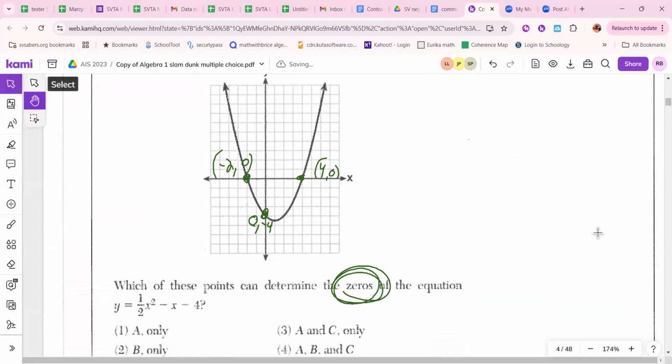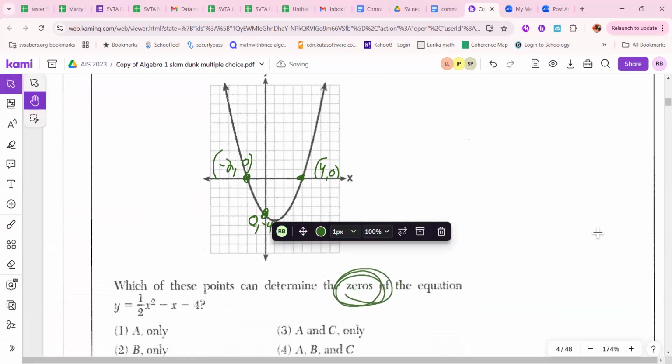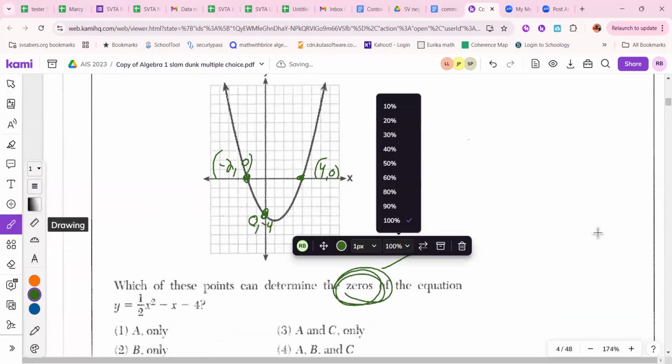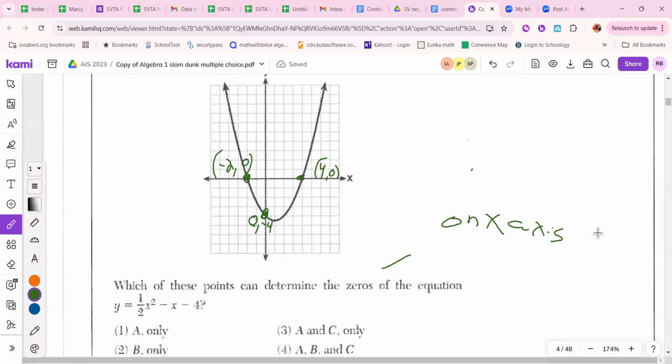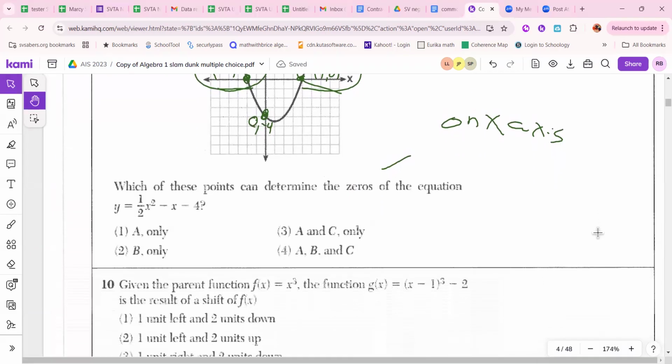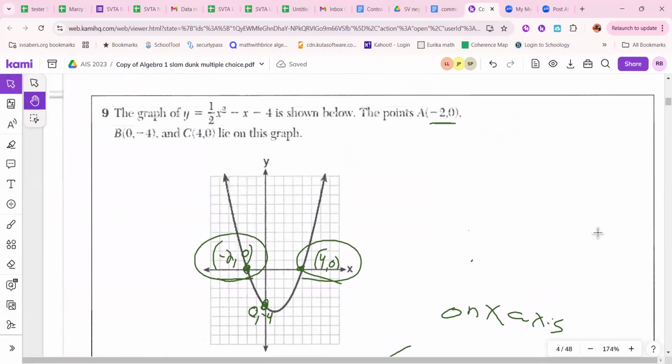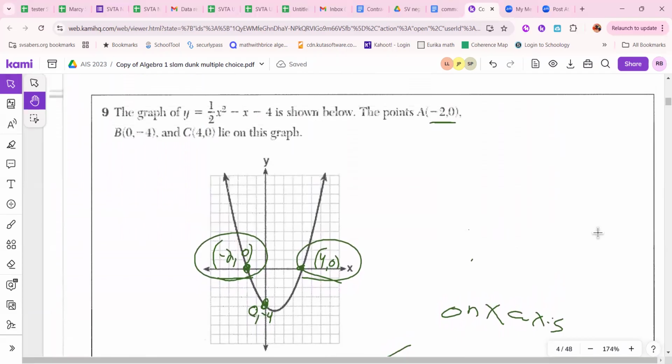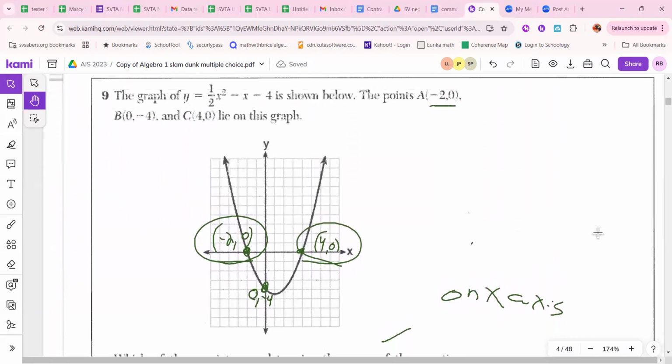Well, the zeros are on the x-axis. So it is these 2 points right there, -2, 0, and 4, 0, which happen to be, let's see, A and B. Wait a minute.